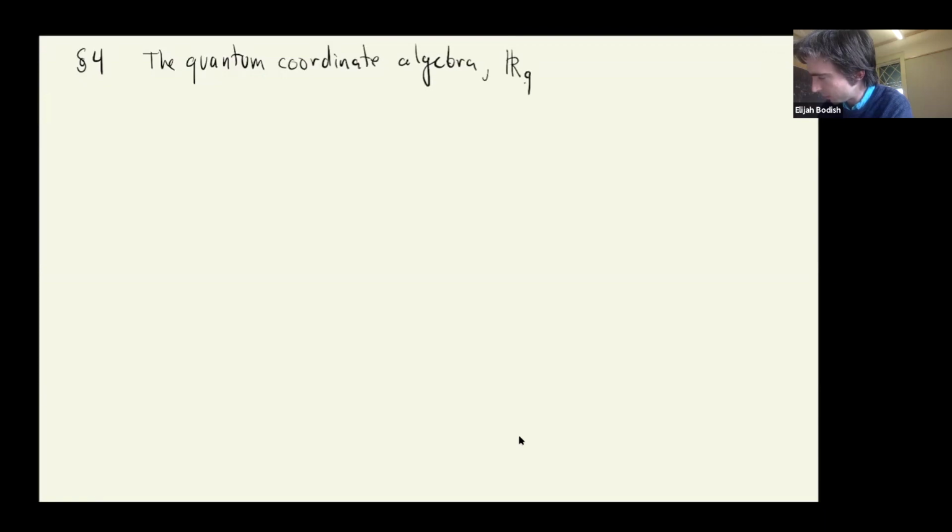So this is going to be just the last part of my talk. This is section 4, the quantum coordinate algebra, which in Jantzen's book is denoted K_q[G]. The motivation for this in the classical setting is the following.